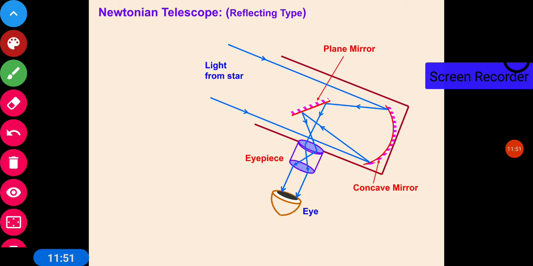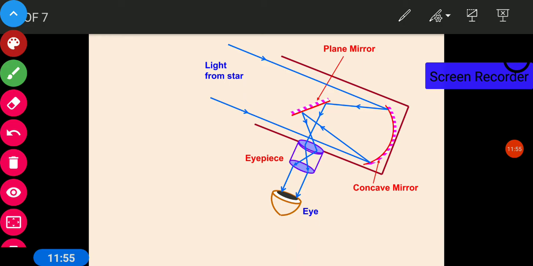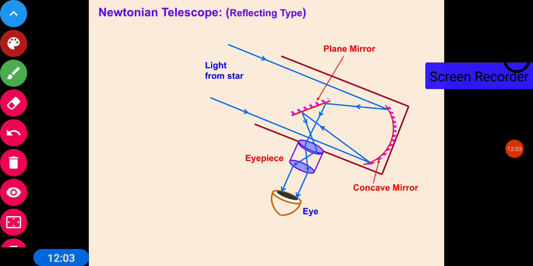The eyepiece is again a combination of lenses. From the eyepiece the rays of light reach the eye, and the final image is seen through the eyepiece. Here again the magnifying power m is equal to FO upon FE. FO is the focal length of the concave mirror and FE is the focal length of the lens used in the eyepiece.